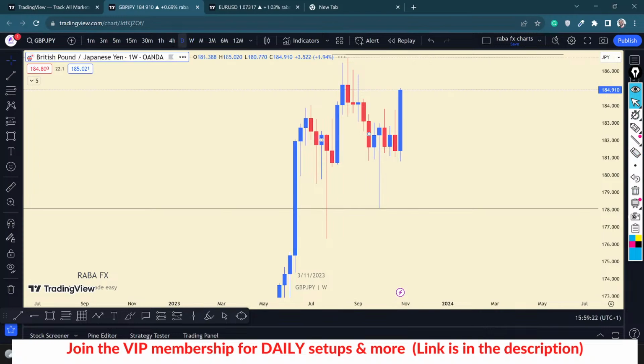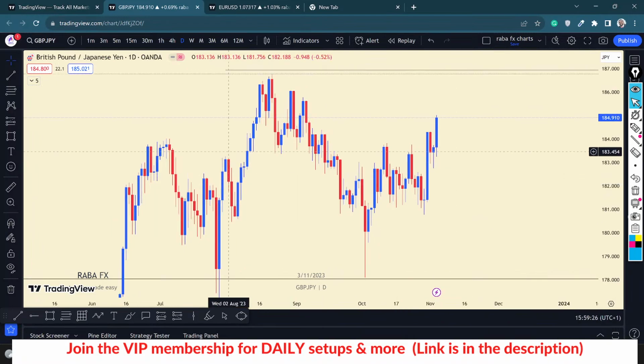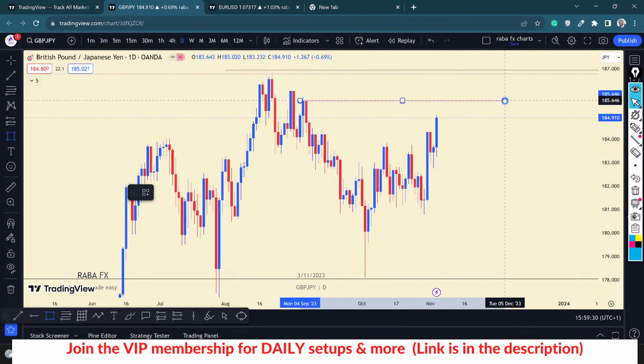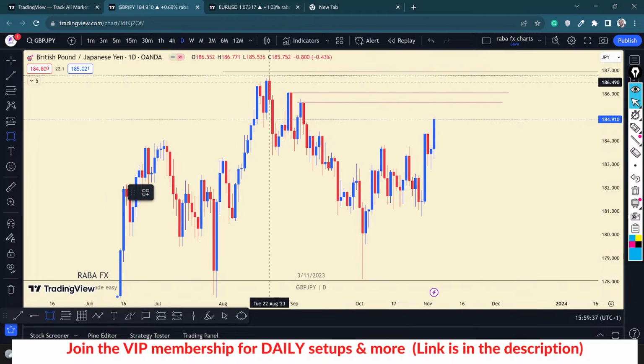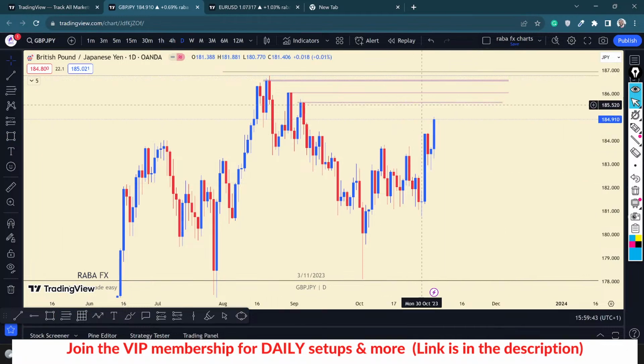So let's look at the daily if there's any setup. Now remember, dailies are simply obstacle areas. These are areas where you watch out for a bearish move on the daily time frame. If you are in this trade, once price gets in here, you observe very well and take partials, because any of these levels might create a pullback to continue buying from here.